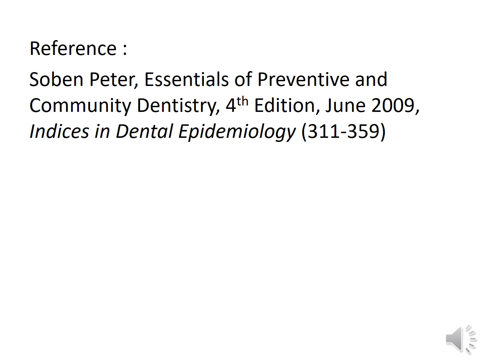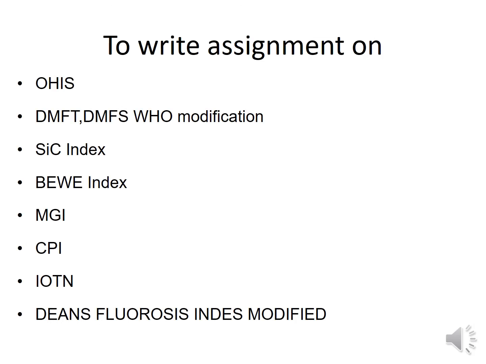What I want you to do is to write an assignment on OHIS, DMFT, DMFS, DID and WHO modification, SIC index, BEWE index, MGI index, CPI index, IOTN index, and Dean fluorosis index modified. Okay, these are the assignments that I need from you.